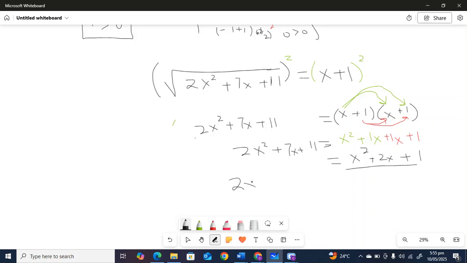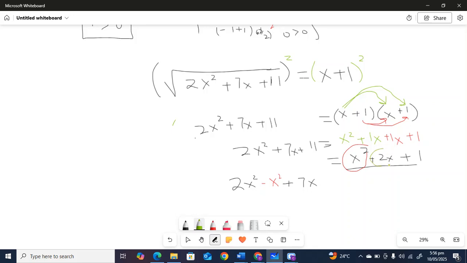So here we have 2x squared. Then this x squared from the left hand side, when it comes, it becomes minus x squared plus 7x.